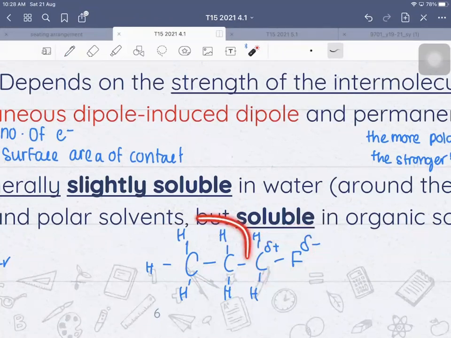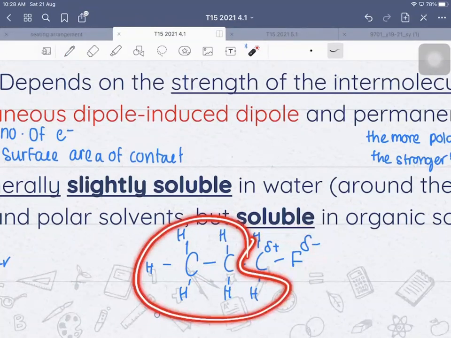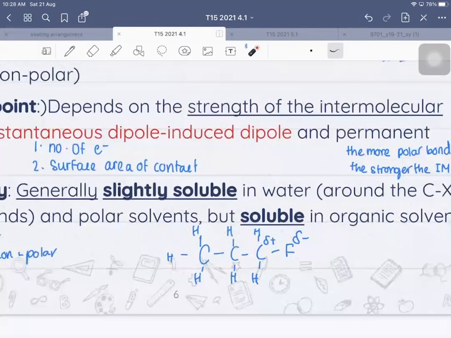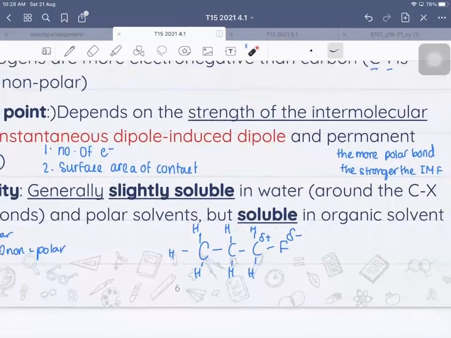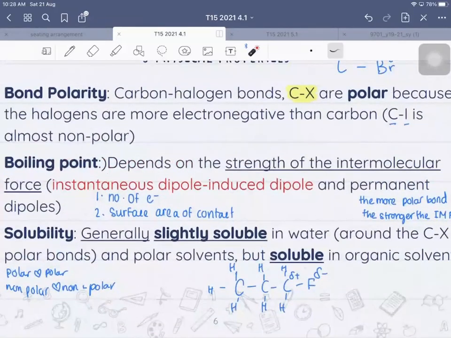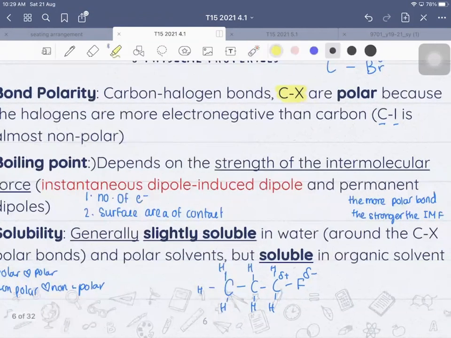If you have longer hydrocarbon tails, then your molecule overall becomes non-polar. So there is no definite rule that says halogenoalkanes are soluble in polar solvents or soluble in non-polar solvents. But generally they can be soluble in water, especially around this polar head, the carbon-fluorine head.